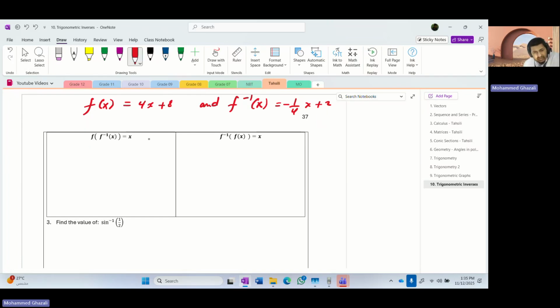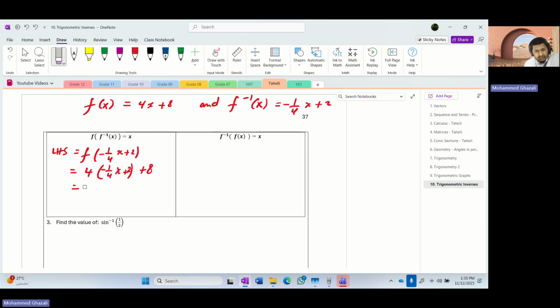So we got f of f inverse x. So left-hand side is equal to f. F inverse is negative quarter x plus 2. F is negative 4x plus 8. So negative 4 into something plus 8. 4 into what is x? Negative quarter x plus 2.